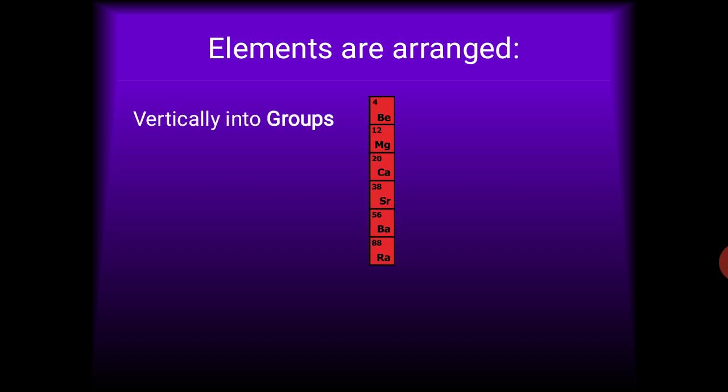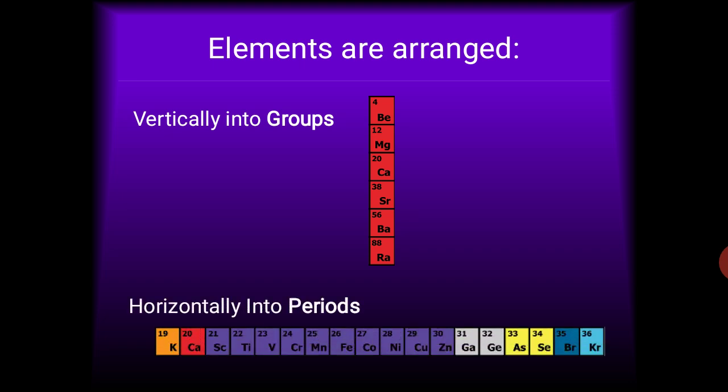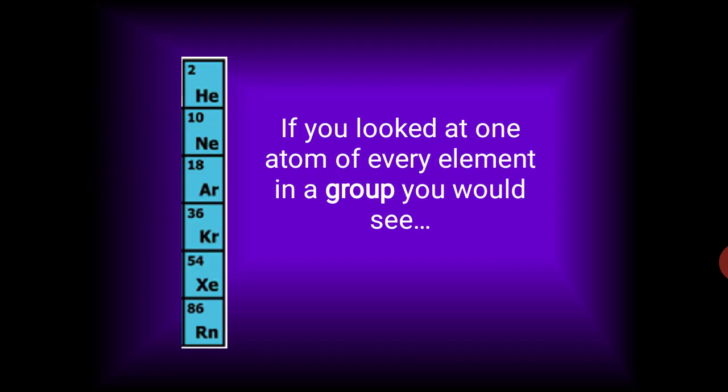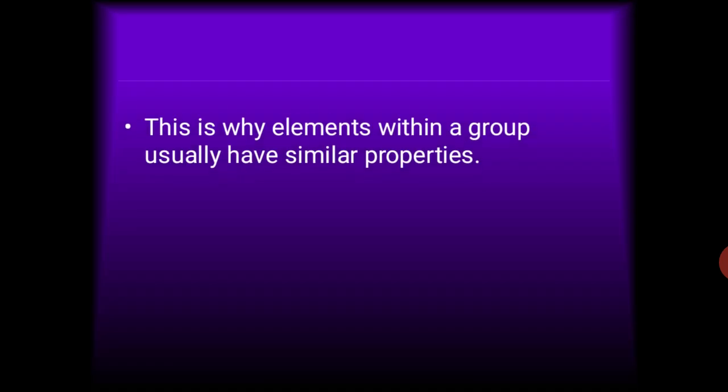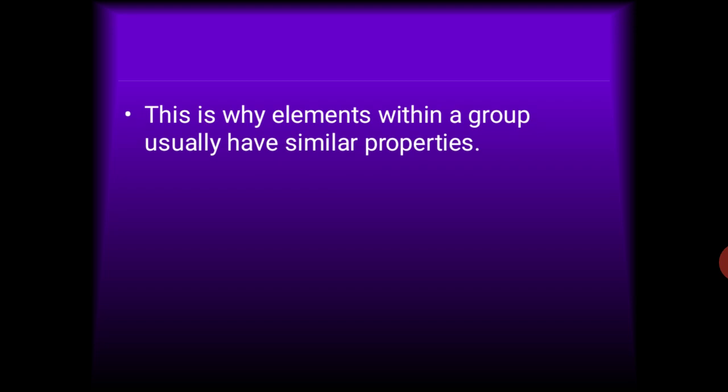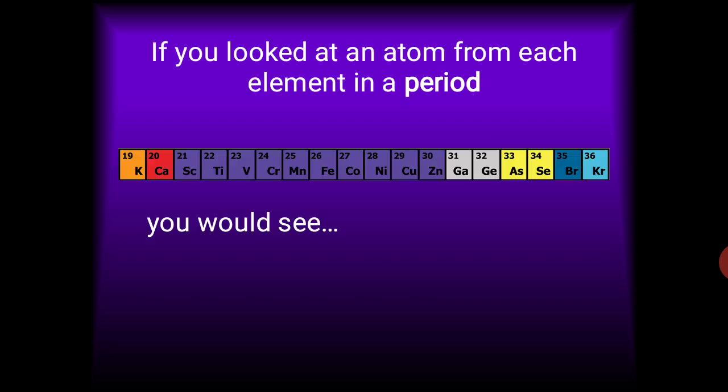Elements are arranged vertically into groups. All the elements in a group have similar properties, okay? Then horizontally into periods. In these they all have different properties. Why? If you look at one atom of every element in a group, you would see that all the elements have a similar property.